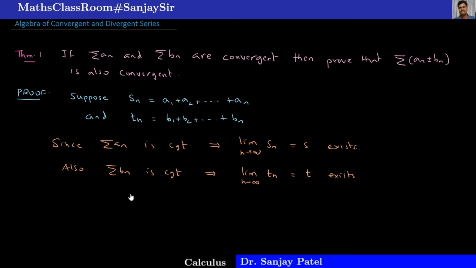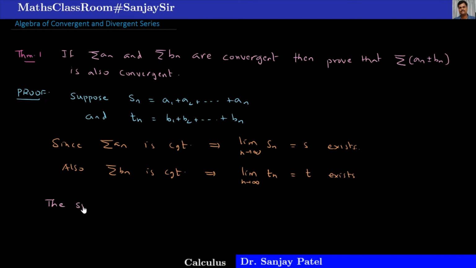What we can write here is the partial sum of the series sigma an plus bn, and let us call it un.